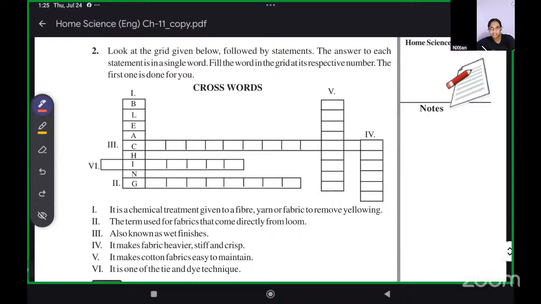I was thinking ginning, but ginning is a process, it's not a fabric. It's gray goods.